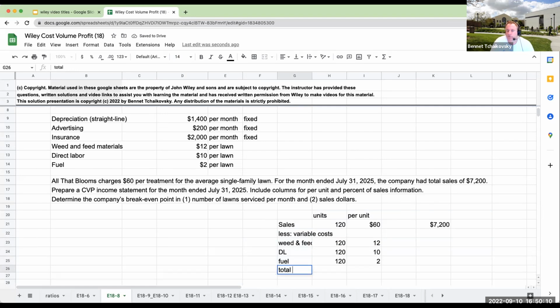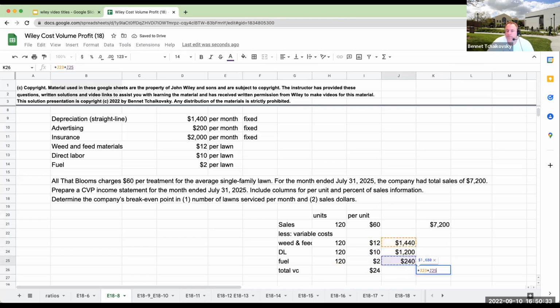So my total variable costs over here are going to be 2,880.